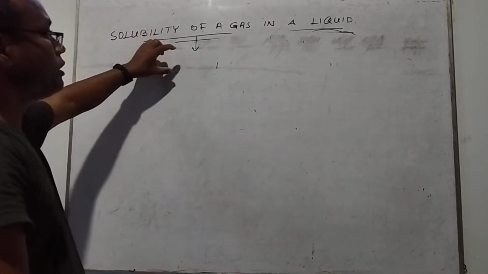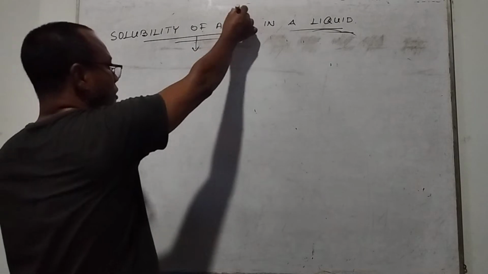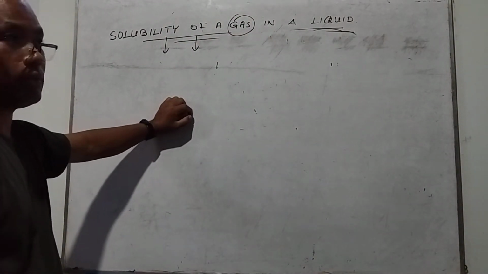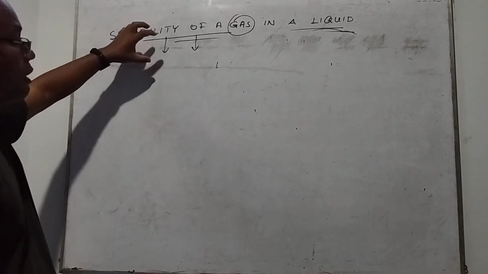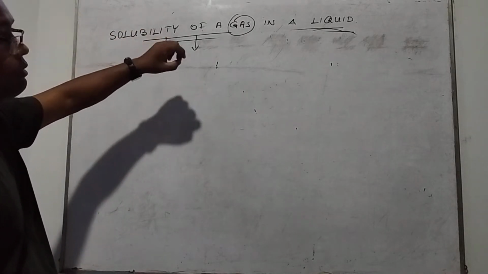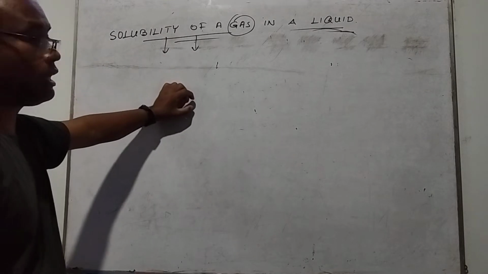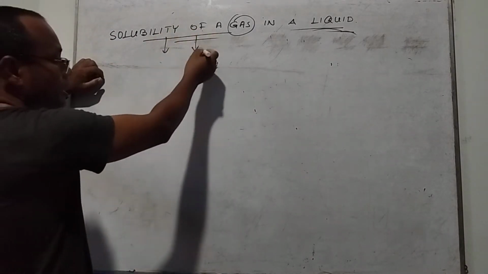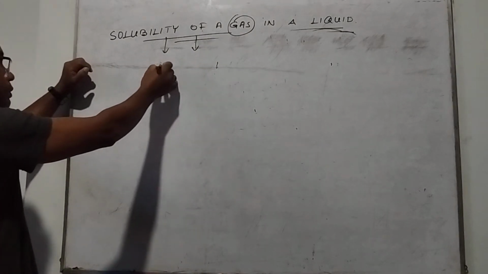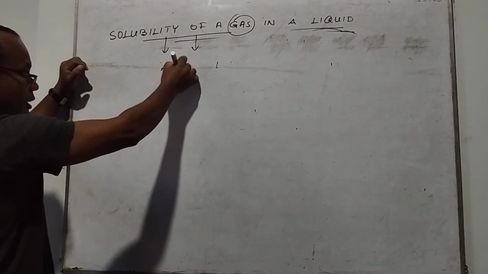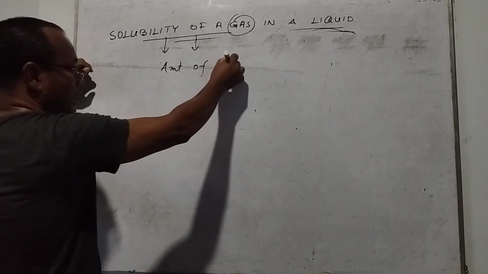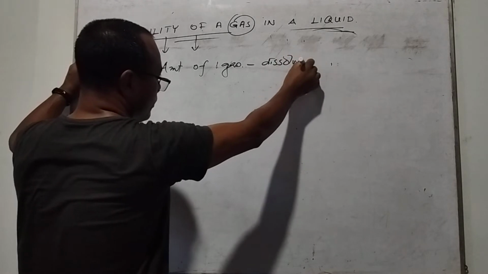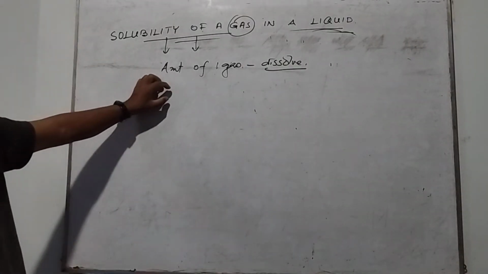That amount, that quantity, we can consider as the solubility of the particular substance. So how much quantity of a substance can be dissolved into a liquid, that we consider solubility, right? So the solubility of the gas we can express as the amount of gas dissolved. How much amount of the gas can be dissolved?